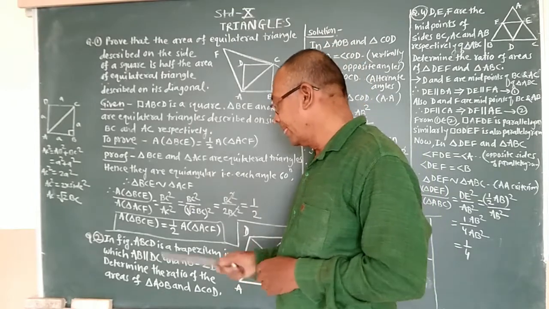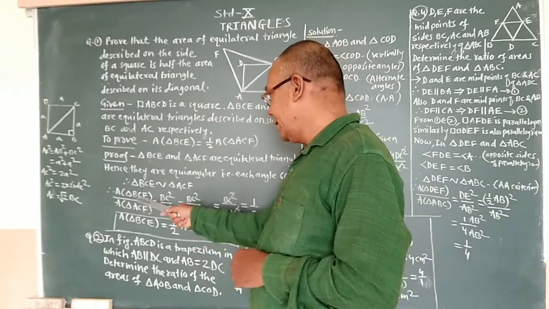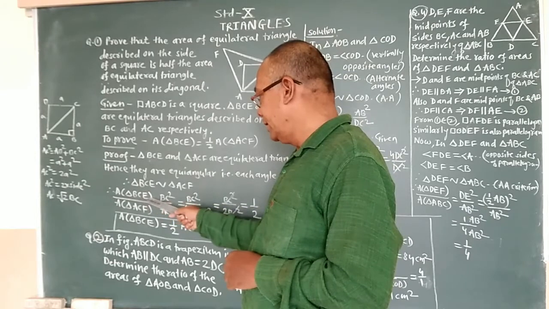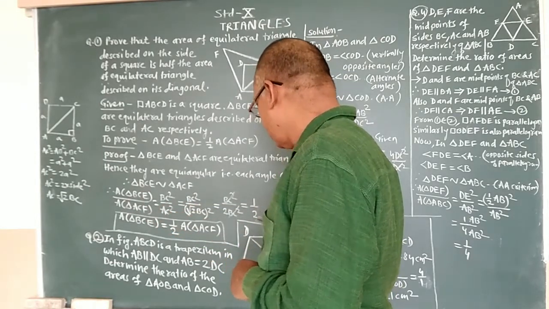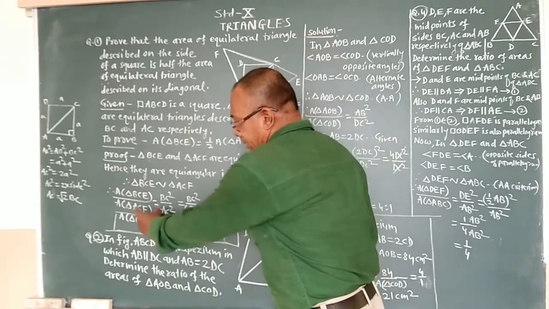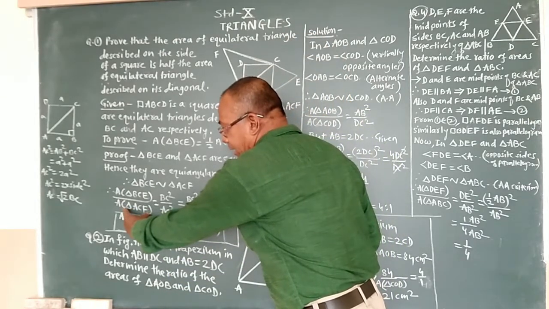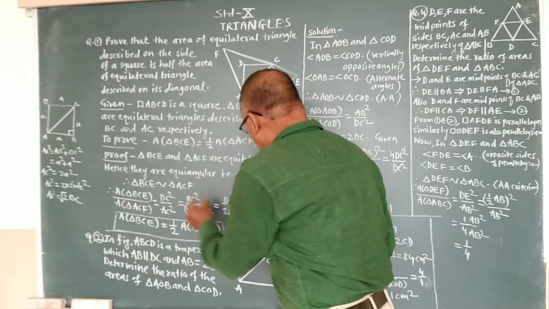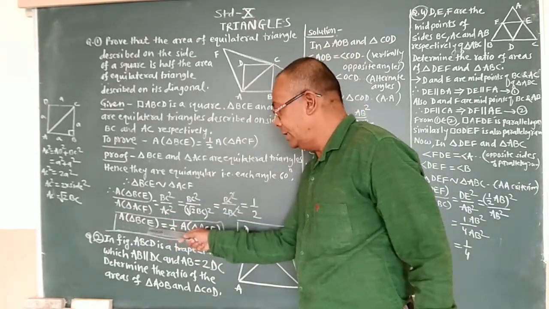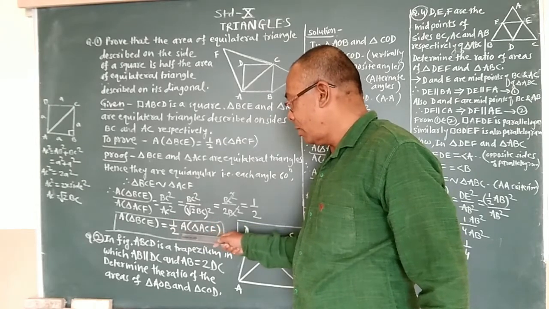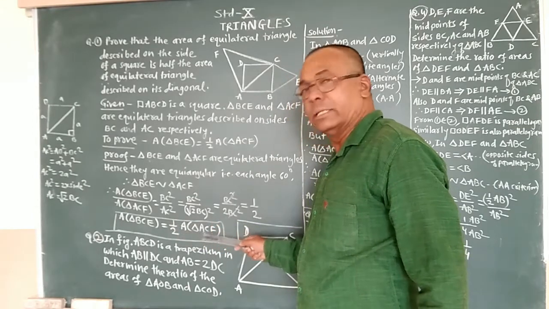And therefore area of triangle BCE upon area of triangle ACF is equal to 1 upon 2. Now if we transpose area of triangle ACF, we get area of triangle BCE is equal to half of the area of triangle ACF.